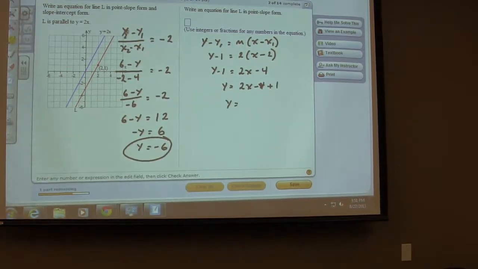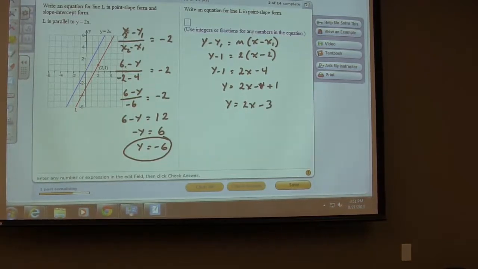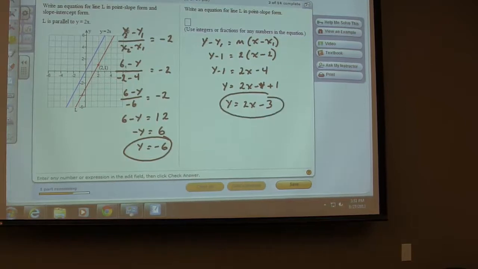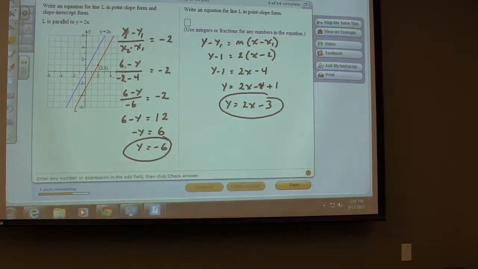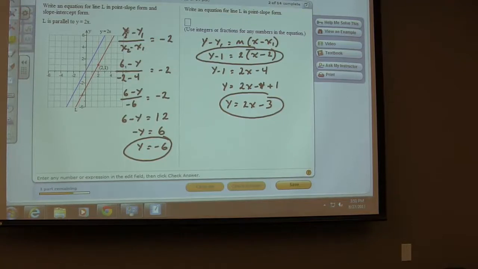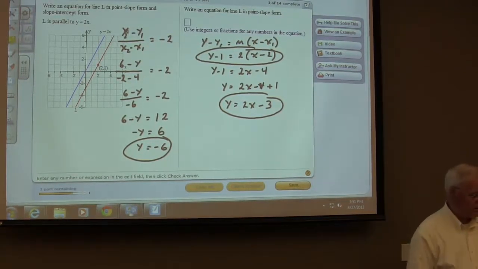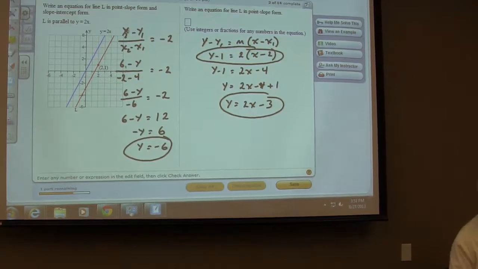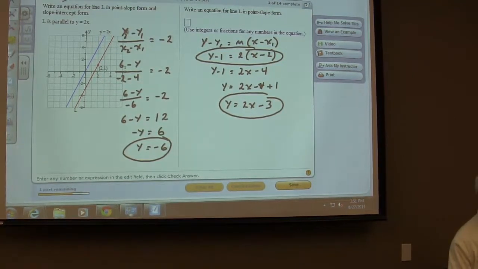So y equals 2x minus 3. And that would be then the slope-intercept form. There's the point-slope form. Okay? So that would be both forms given the information they gave us.